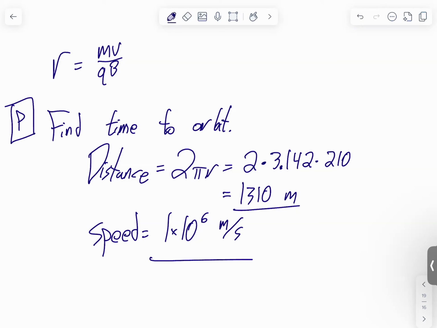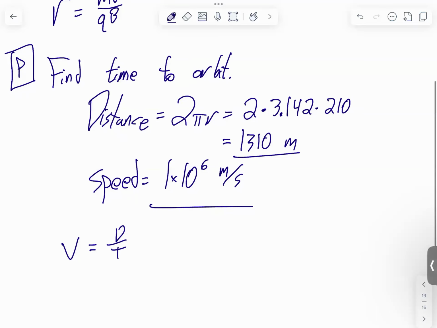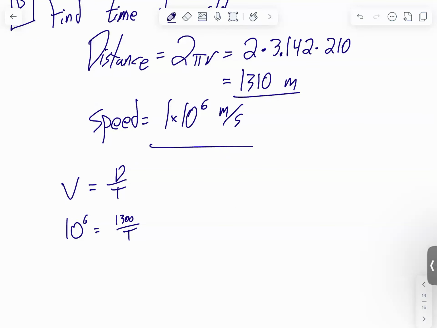Okay, so here's how I do this problem. If I know that my speed, the definition of speed is distance divided by time, and I already have that speed is 10 to the 6th meters per second and distance is 1300 meters. I want time. 1 million equals 1300 divided by what? I could algebraically rearrange this as follows.